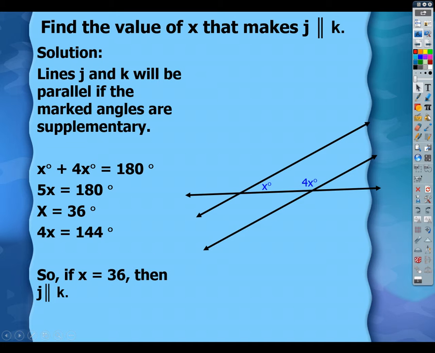They have to be supplementary, don't they? Because they are consecutive interior angles. And so we would know that we've got to make their sum equal to 180, which gives us an equation, which allows us to solve for x. And by solving for x, that's really identical to setting the value of x, isn't it? Right? Because what do we really do? We're just asking the question, if x is our unknown, this is the equation that has to be true. And so by solving for x, we're picking that value of x that makes the equation work, right? No biggie.